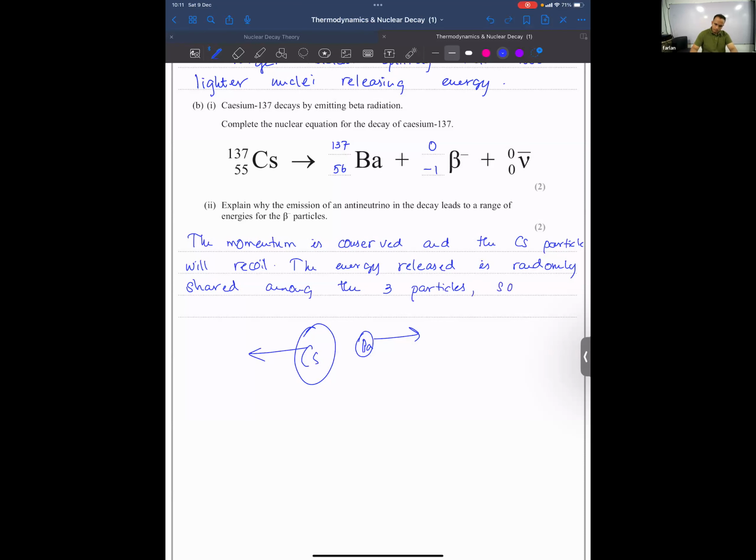So the beta minus particle will have a range of energies.